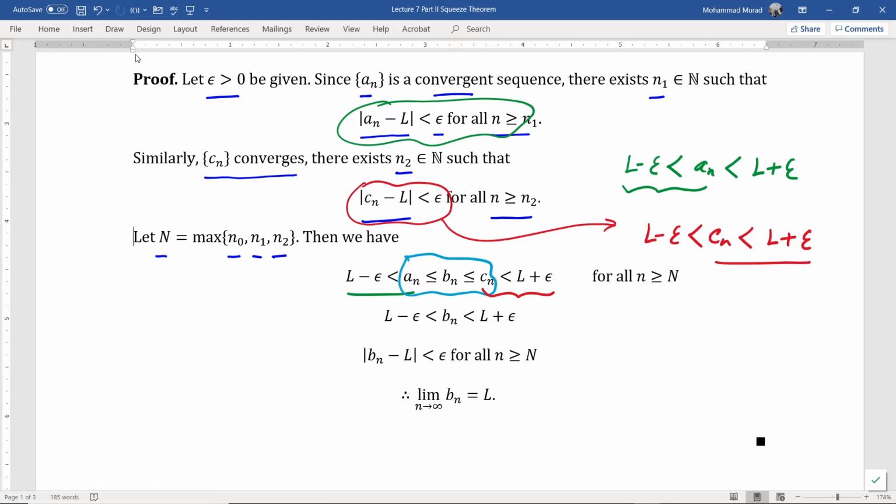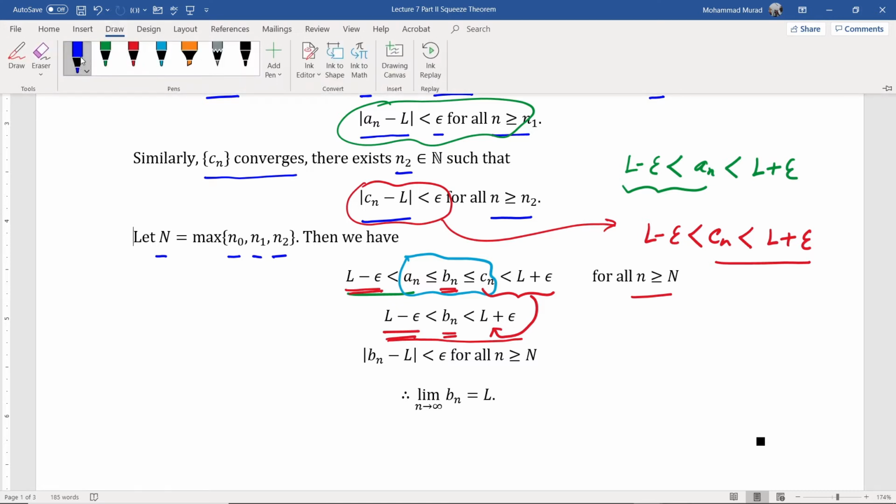Therefore, the left-hand side is written here, and we take the sequence b sub n here, and we copied L plus epsilon here. So for all indices n greater than or equal to the capital N, L minus epsilon is smaller than b sub n, which is smaller than L plus epsilon.